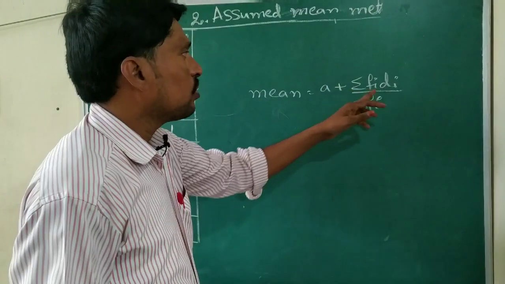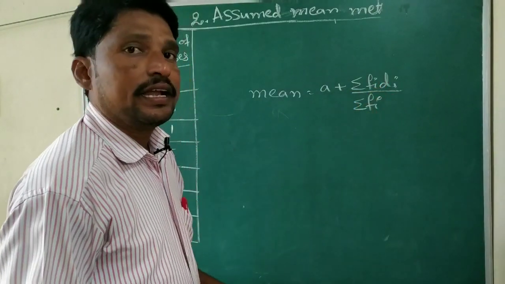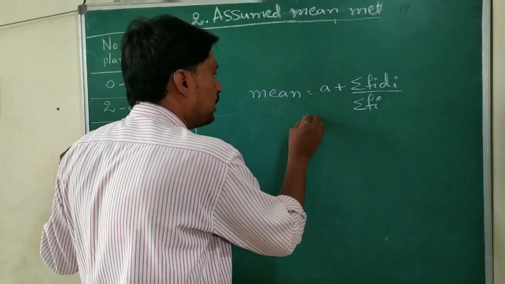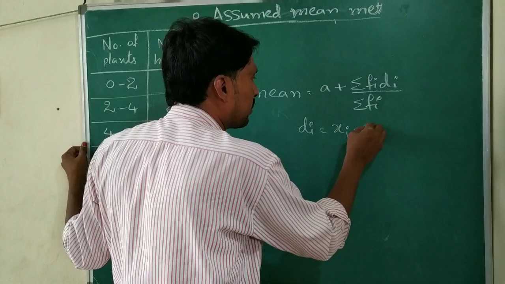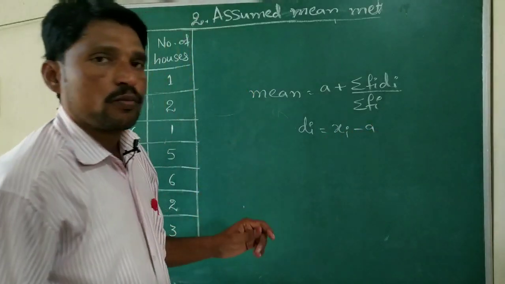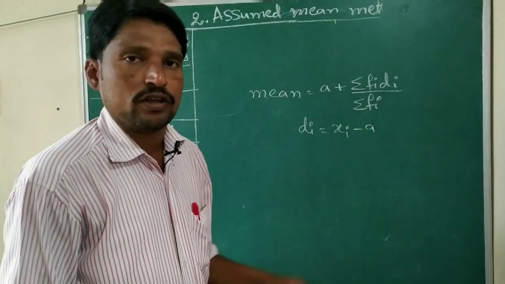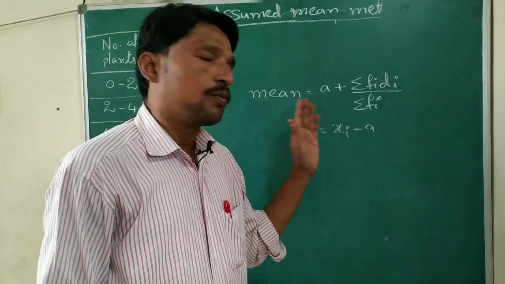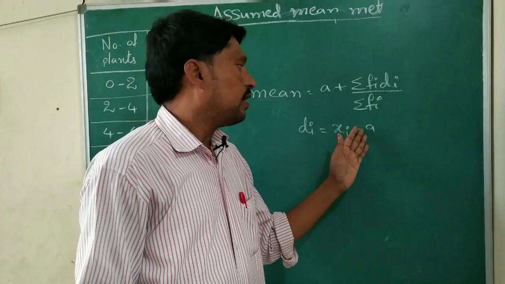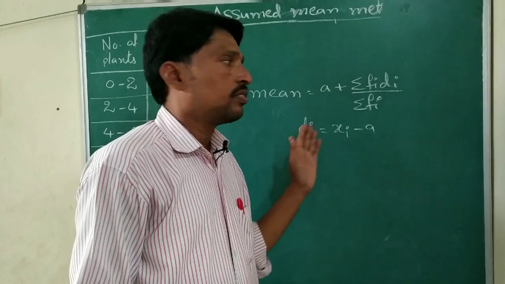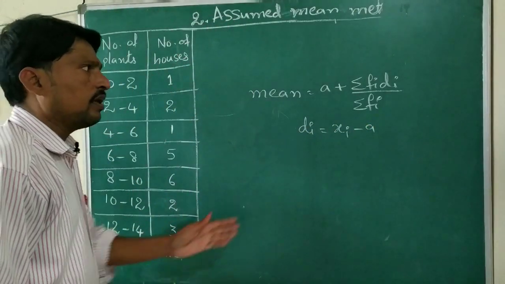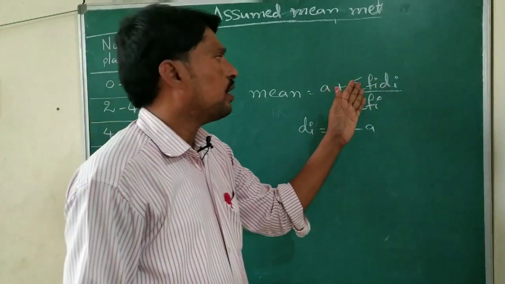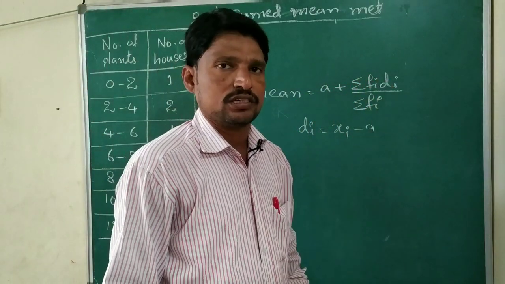Di means the deviation of the ith class, di equals xi minus a, where xi is the class mark and a is the assumed value. Class mark minus assumed value gives di. Sigma Fi we already know, it is the total of frequencies, and sigma Fi di is the product of frequency and deviation.